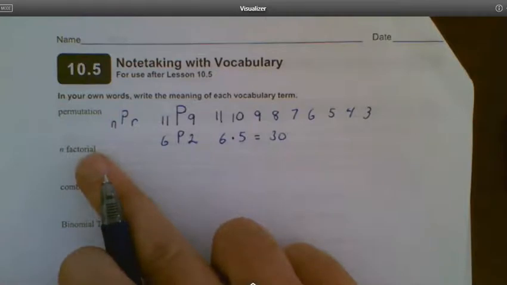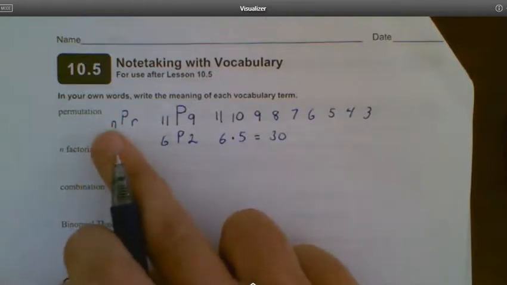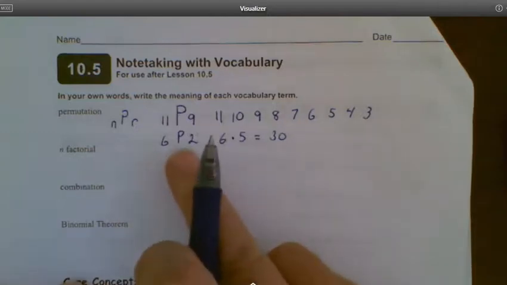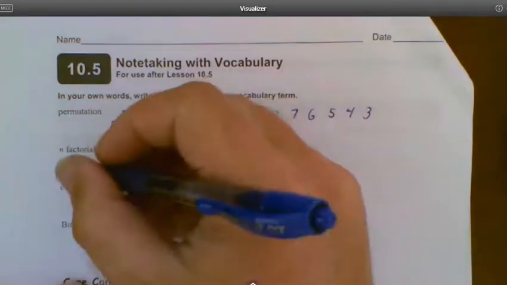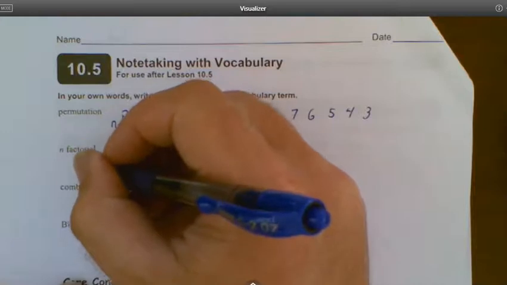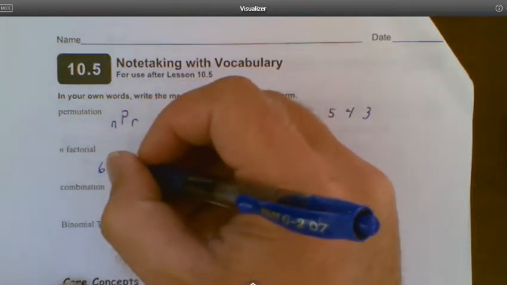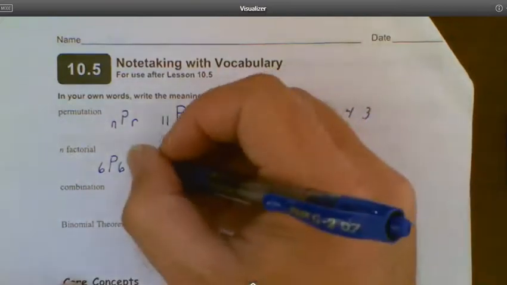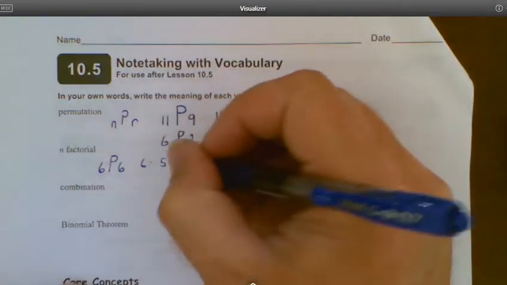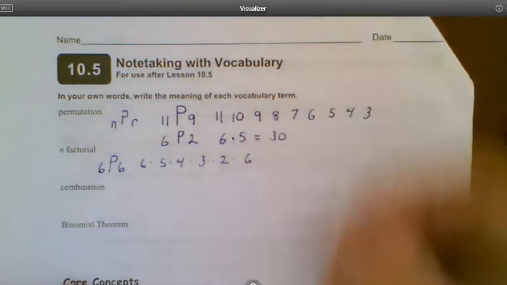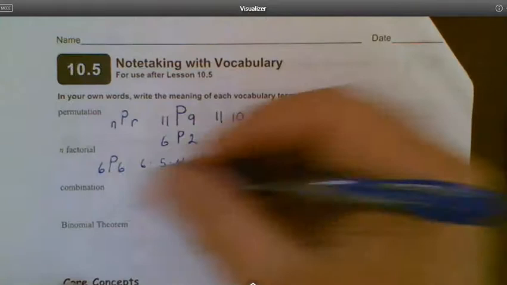A factorial is when this number is equal to this number. So let me go back to this one that I just did. If I had 6 items to choose from, and I was actually going to put in order all 6 of those, so 6, 5, 4, 3, 2, 1. Oops, I'm looking at this and I'm saying 1 out loud.